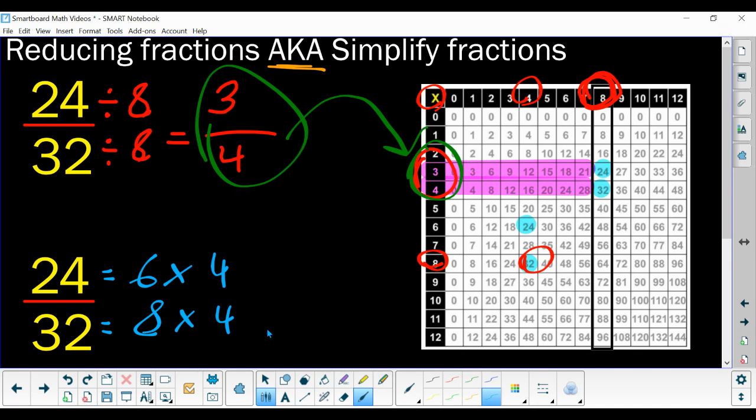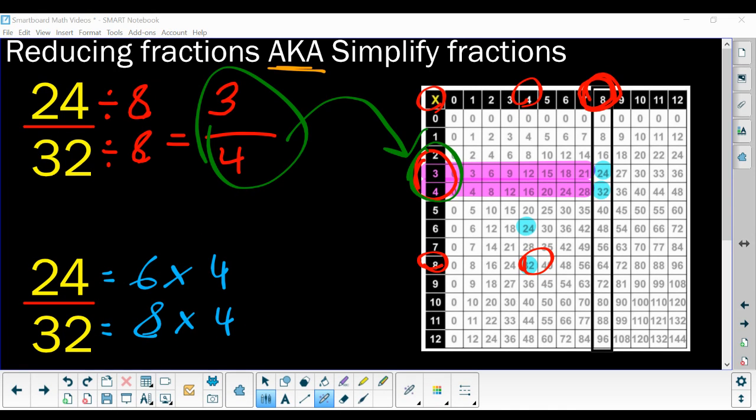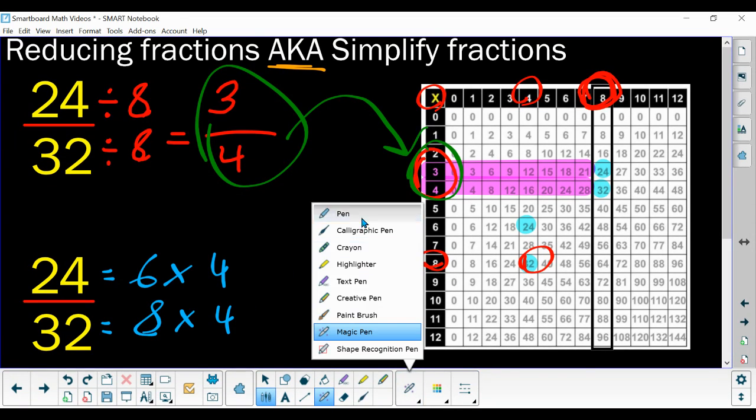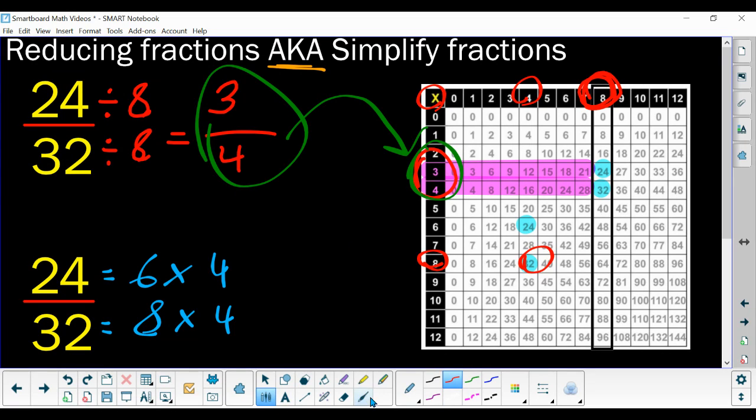All right. What you do next is, when you're multiplying and you find two numbers that are the same for your top and bottom, you can then get rid of those numbers or scratch them off, whatever you prefer. And scratch them off, and you're left with 6 out of 8. But you're not done yet. I'm going to rewrite 6 over 8 over here.